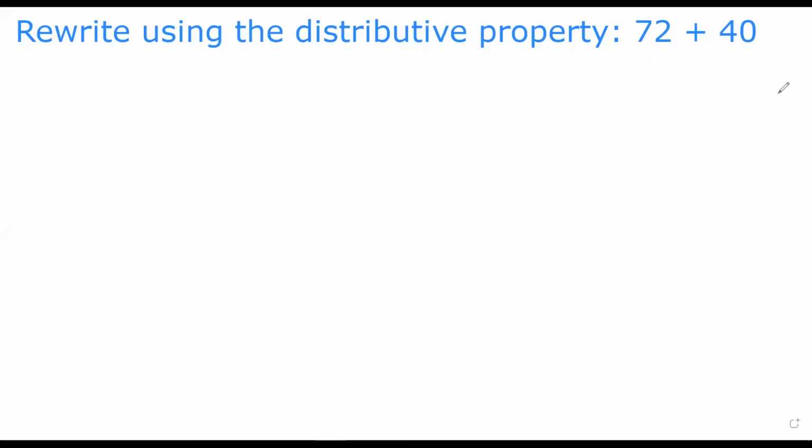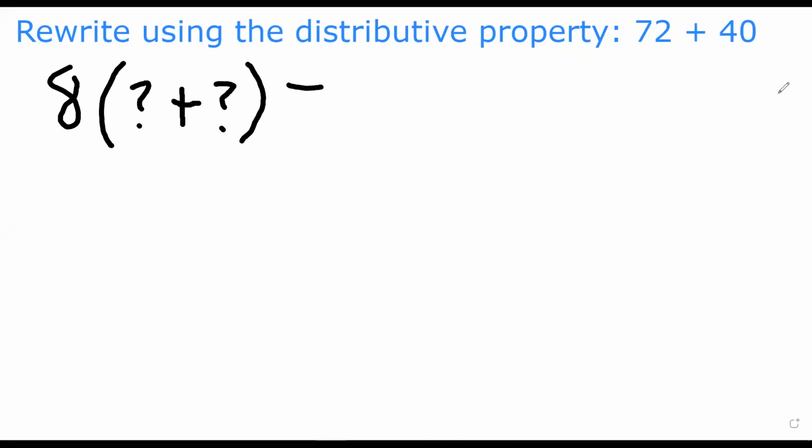And we know that we want this expression to be equal to 72 plus 40.